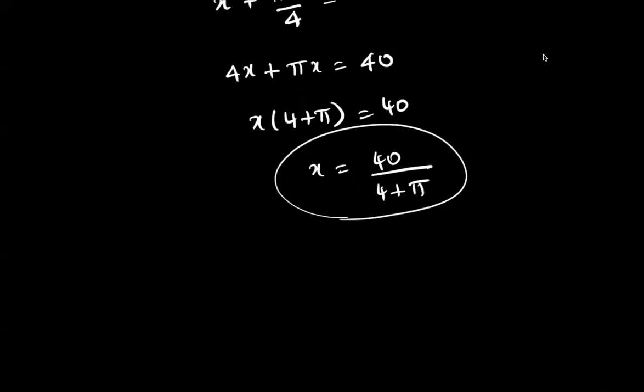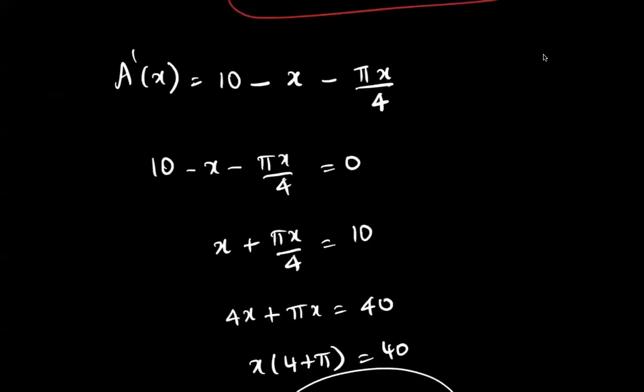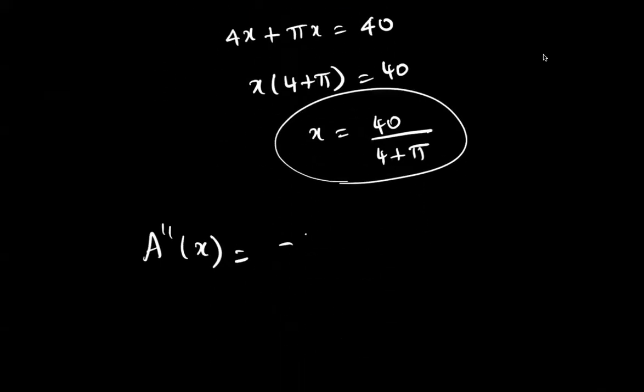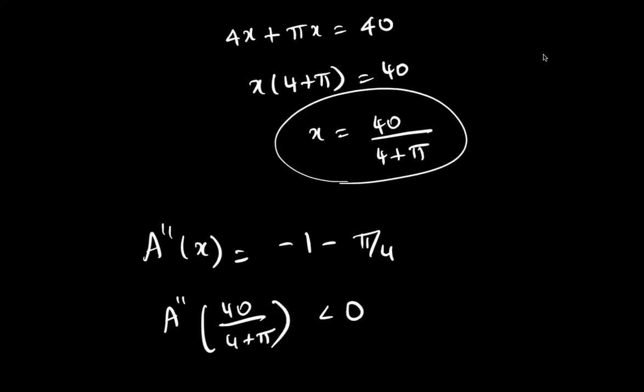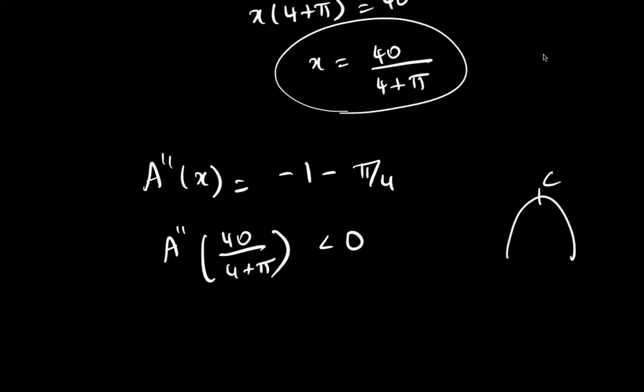Okay, so then I go and take the second derivative. The second derivative is going to be negative 1 minus pi over 4, right? So the second derivative evaluated at this critical value is less than 0, which means I have a concave down with this critical point, and this makes it my local maximum.